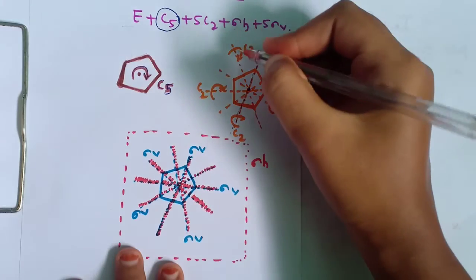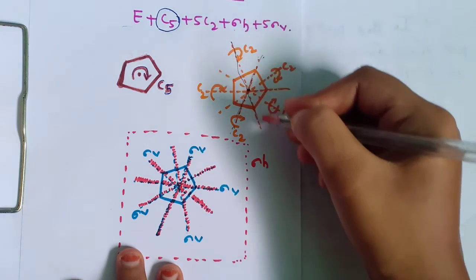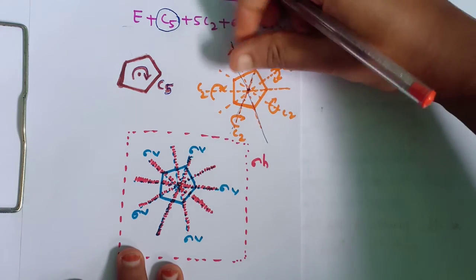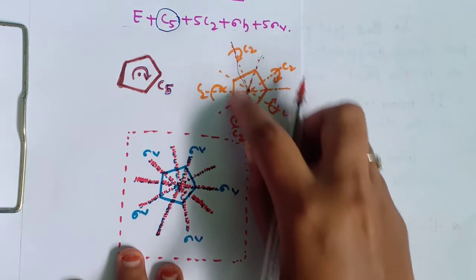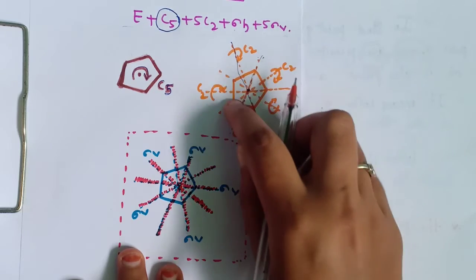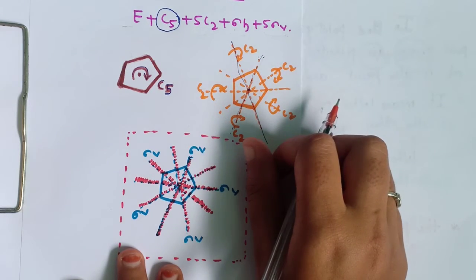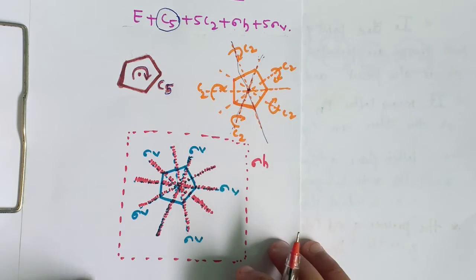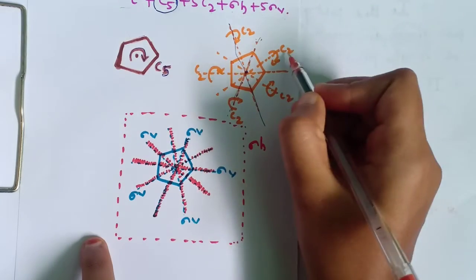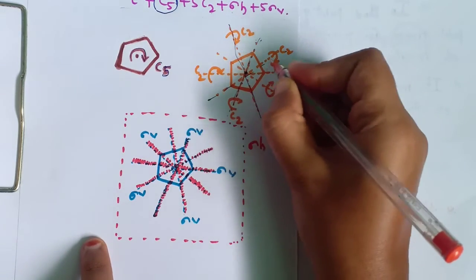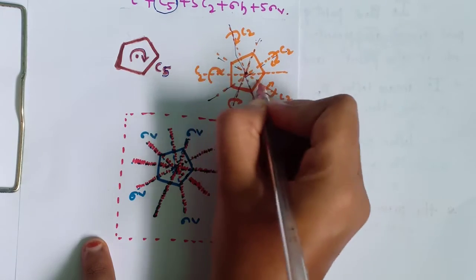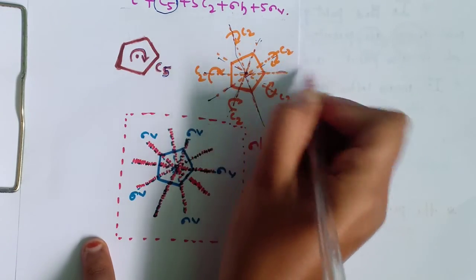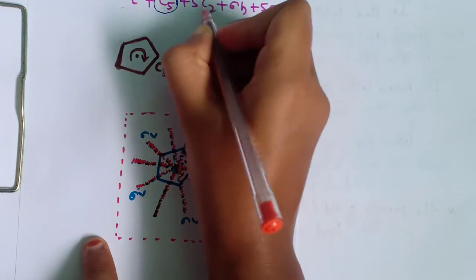Next, if I take this axis and rotate this molecule, this F will come on that side and this F will come on this side, and again if I rotate the molecule, we will get a congruent configuration. Here is another C2, here is also one C2, and here is also one C2, the total of which becomes 5 C2s.